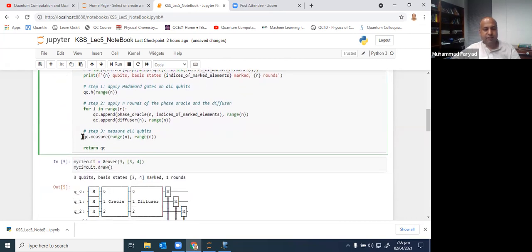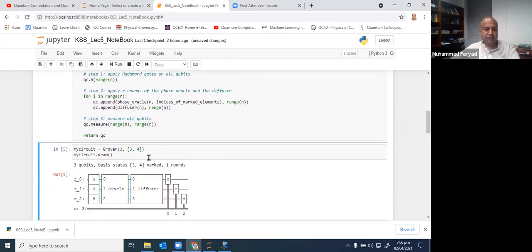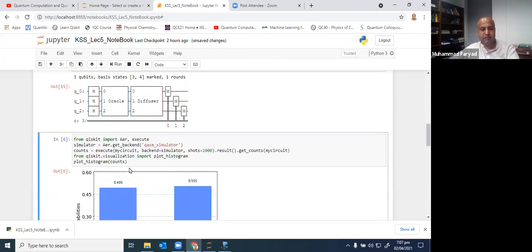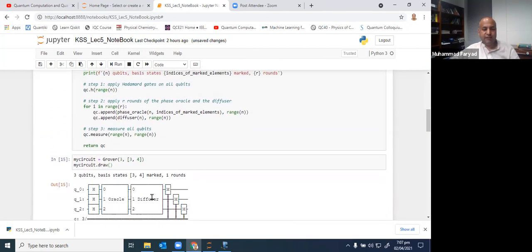And at the end we have these measurement operators. So let's say this is the circuit with 3 qubits, and there are 2 solutions, number 3 and number 4. So number 3 corresponds to 011 and 4 corresponds to 100 state. So if you execute this one, you will get this circuit. This means that R is 1.